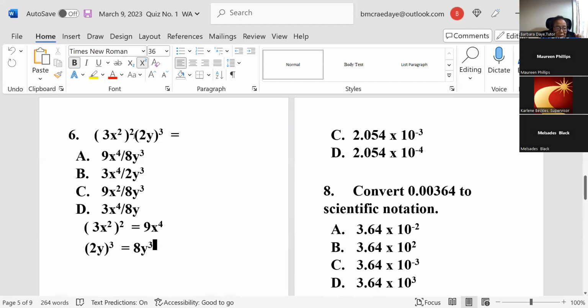In other words, this would have been a division, and when you expand it out, it would be 9x to the fourth divided by 8y to the third. And that would be answer A.